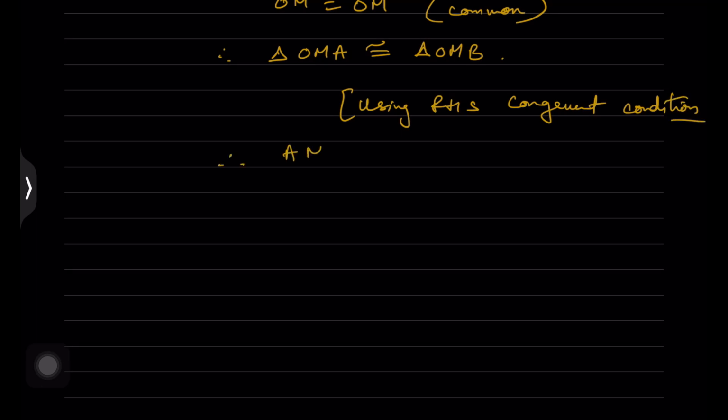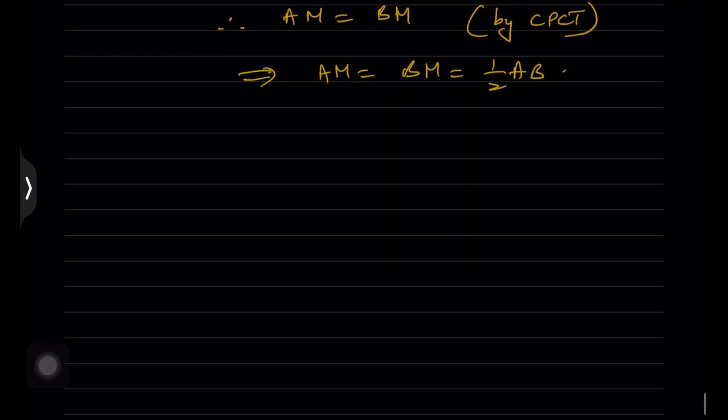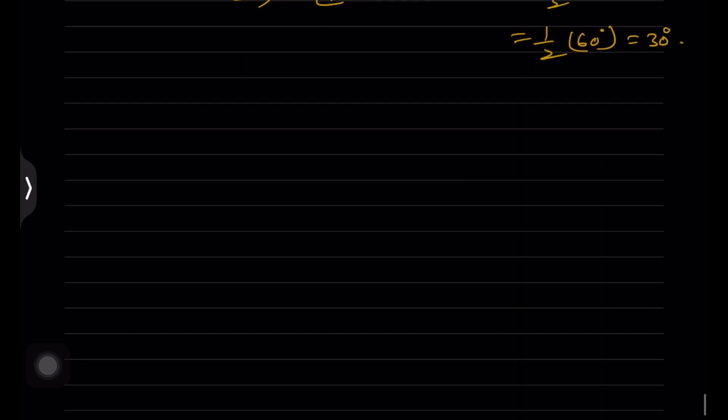Therefore AM is equal to BM by CPCT, which implies that AM is equal to BM, which is equal to half of AB, and angle AOM is equal to angle BOM by CPCT, which implies angle AOM is equal to angle BOM, which is equal to half of angle AOB, which is equal to half of 60 degrees, which is equal to 30 degrees.